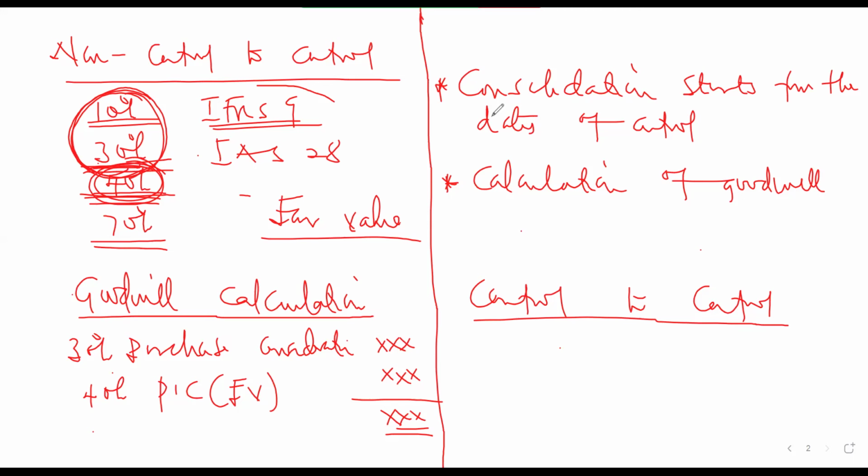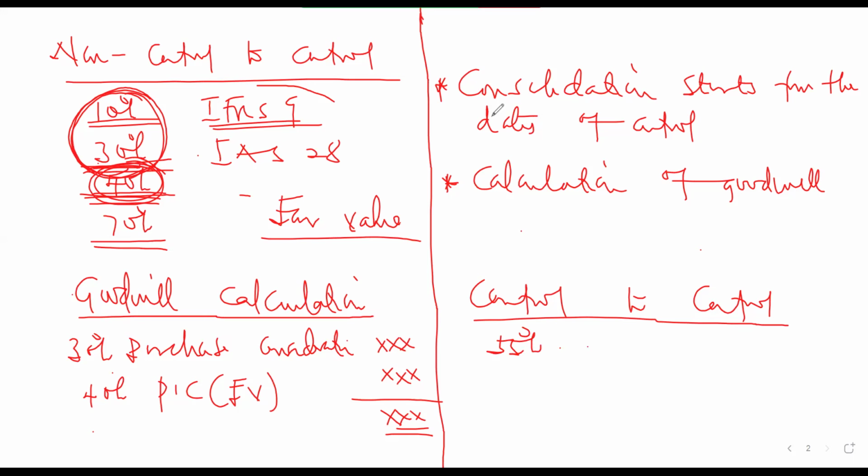All right. Let's come to control to control. From control to control, the situation is the parent already has control, or the investor already has control, and they are buying additional shares to increase their holding in that particular company. So what will happen is that in the first transaction, they have acquired 55%, so they have control.